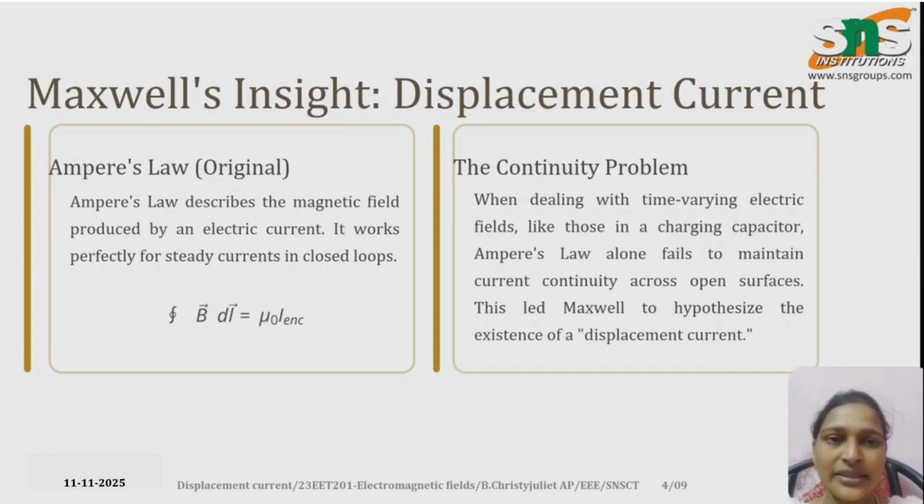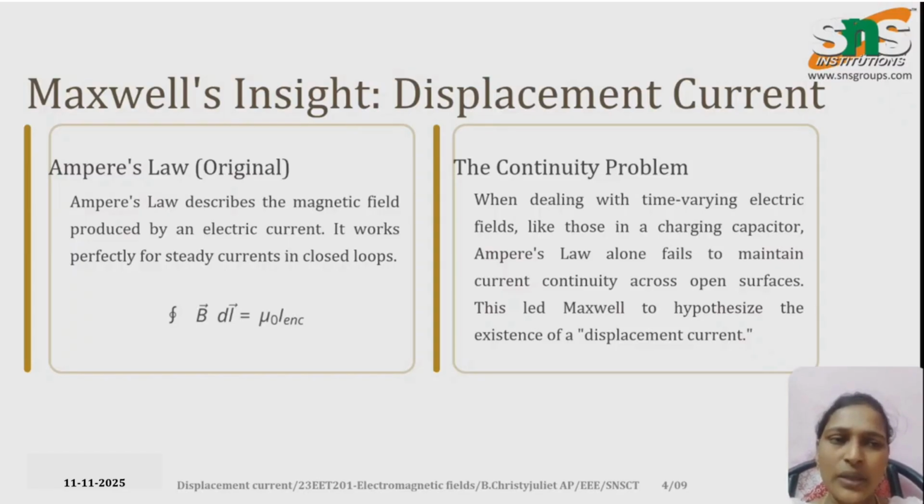And that current flow, or that continuity in current flow, is due to the concept called displacement current. As per the original Ampere's law, the electric current produces a magnetic field. It works perfectly for steady currents in a closed loop. That is mathematically expressed through integral B dot dl is equal to mu naught I enclosed.